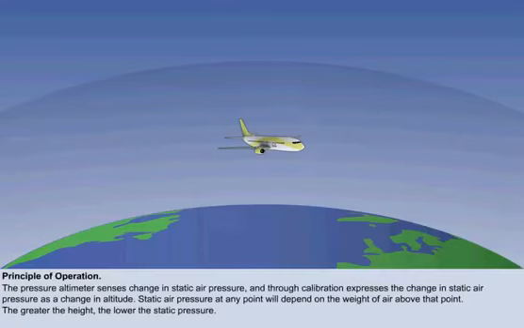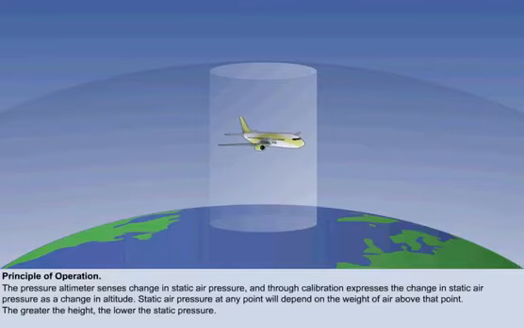If we imagine a column of air extending vertically upwards from the Earth's surface to the outer limits of the atmosphere, it will be clear that the higher up the column we climb, the shorter the column of air above us becomes, and so the weight of air above us reduces. In other words, the greater the height, the lower the pressure. By measuring pressure, the altimeter measures height or altitude.